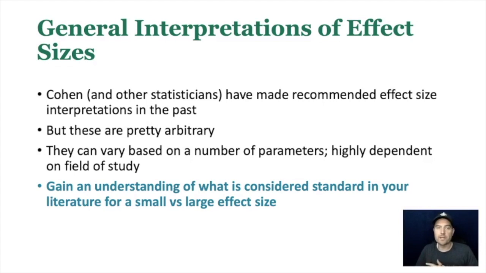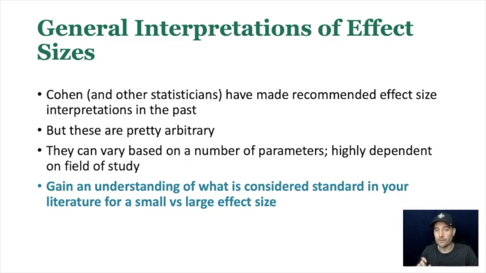So the general interpretations of effect sizes: Cohen and other statisticians have made recommended effect size interpretations like what's small, moderate, and large. But these are fairly arbitrary. It's important to keep in mind that these can vary based on a number of parameters and they're highly dependent on your field of study.